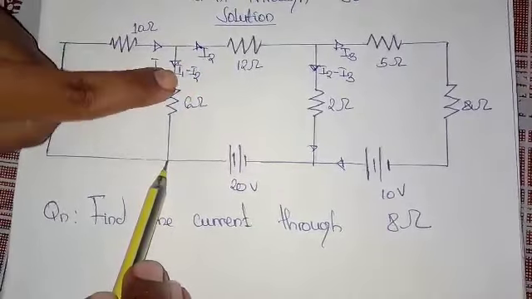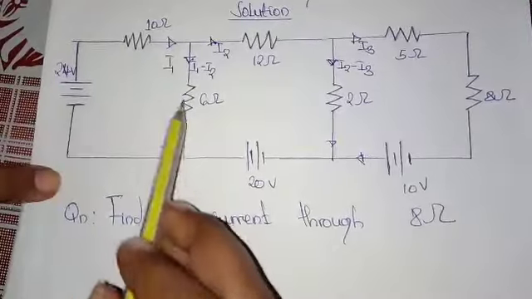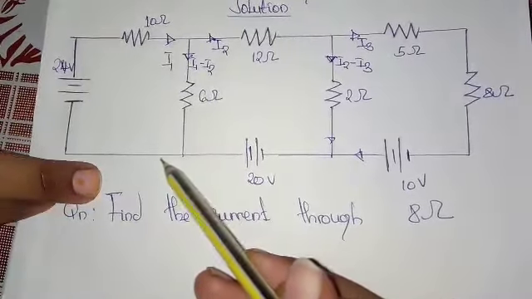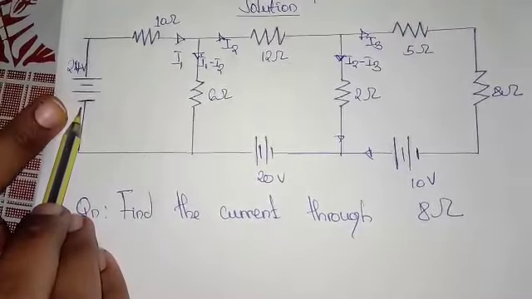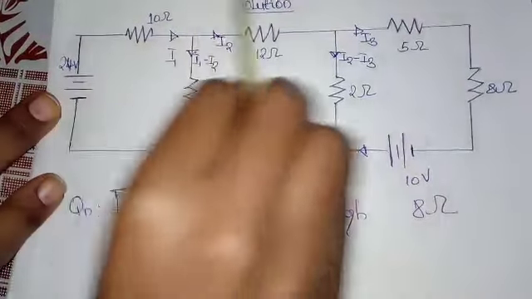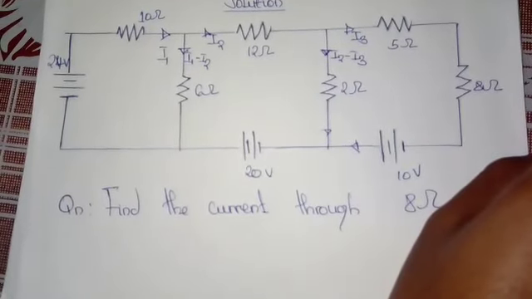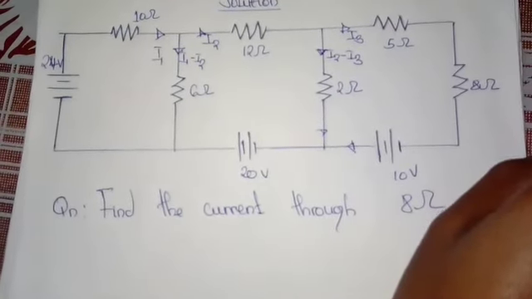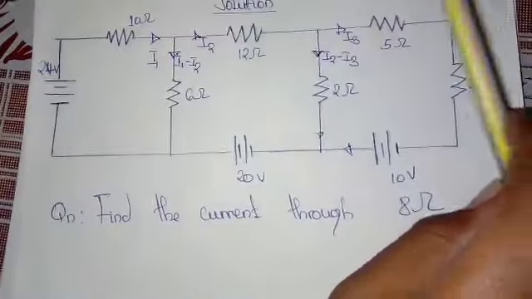The sum of current 1 minus current 2 plus current 2 will be equal to current 1. Therefore, the current which will be entering at this source will be equal to current 1. The division of current is so important. You have to be very accurate. You have to be very careful. This is based on Kirchhoff current law.